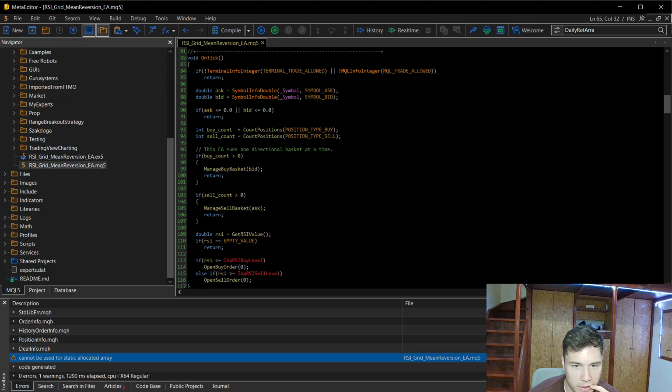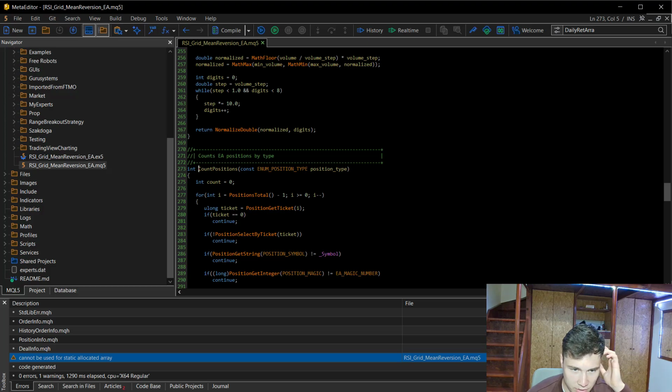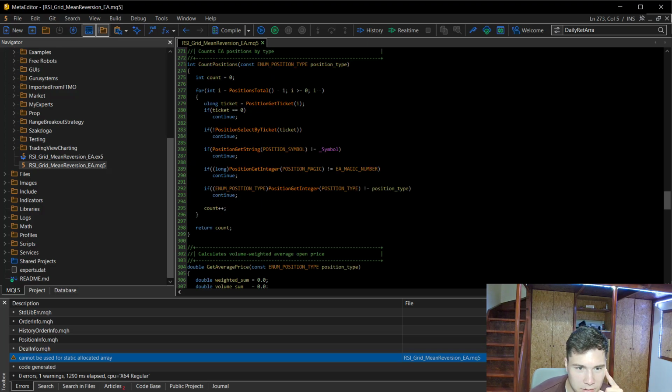Then in the OnTick function, we check whether trading is allowed. We check whether we can fetch the ask and bid prices, which is unusual. I think this always returns something, so it's never below 0.0. Then here is the first function it wrote, which is CountPositions, where you have to input a position type. This is nothing extraordinary. It loops through all the positions.